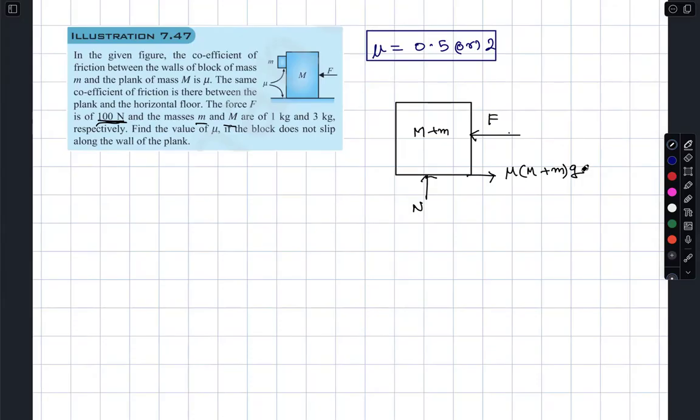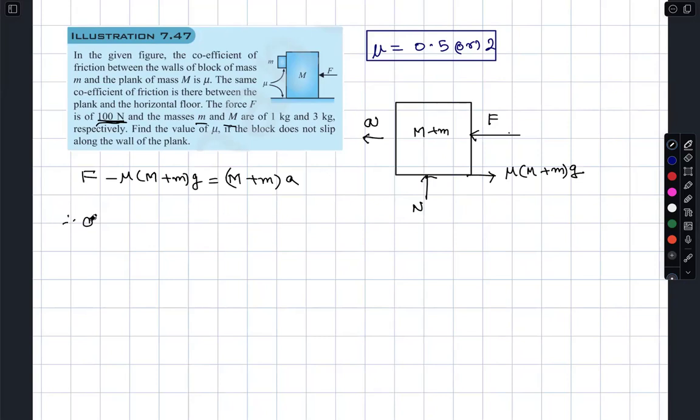That is the opposition, and it has some acceleration A. Agreed? Clearly, F minus mu times (capital M plus small m) G is (capital M plus small m) times A. Agreed?